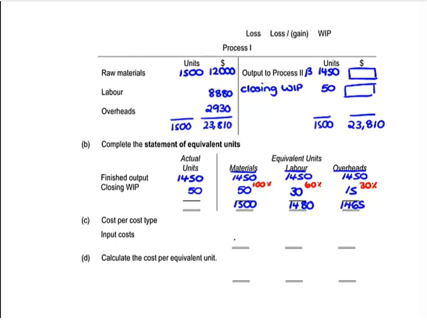Now we need to look at the input costs. So for raw materials, the input costs were $1,200. Divide that by the 1,500 units, and the cost per equivalent unit for materials is $8.